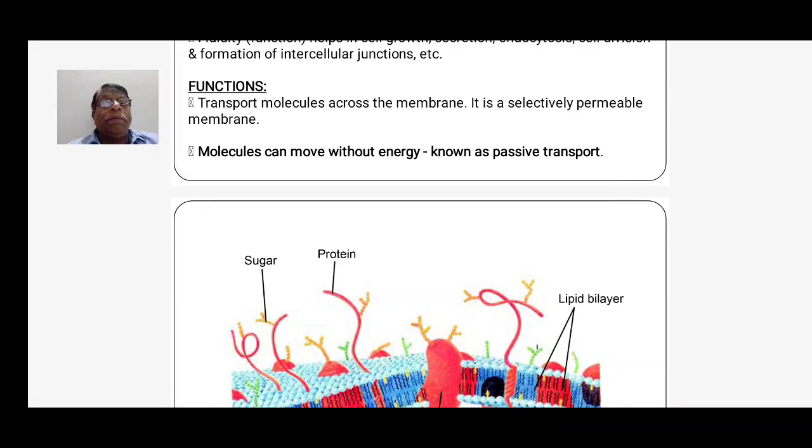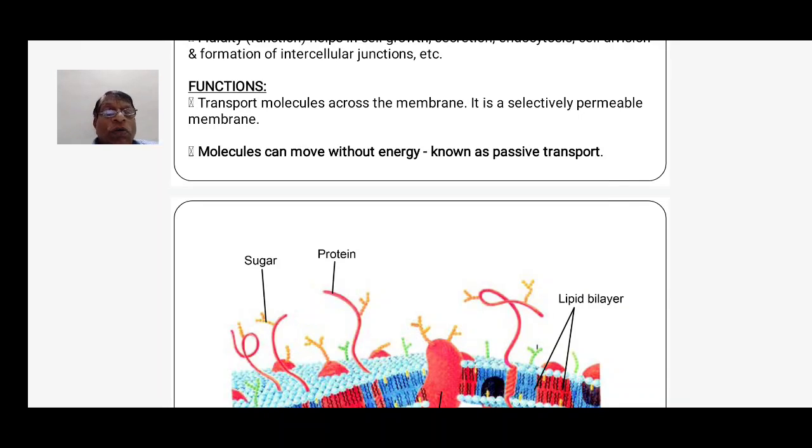Selectively permeable membrane means the membrane allows only certain molecules to pass through it. That is what we call selectively permeable. Other membranes can't pass other molecules.